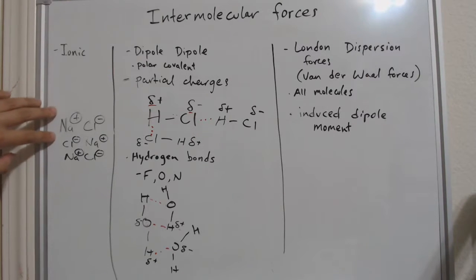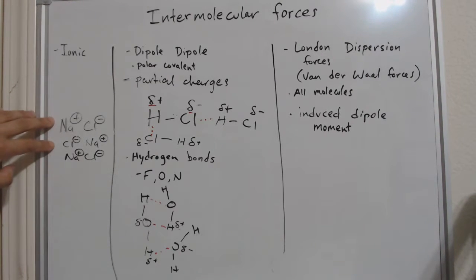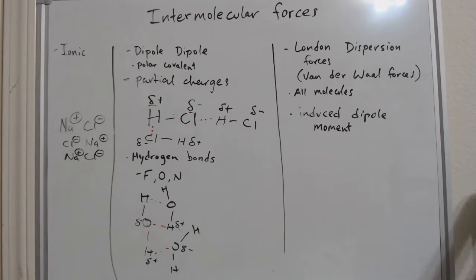That means that in the structure of the salt, the sodium and chloride will be attracted to the other ones because of the opposite charges. As you can see, the sodium has a positive charge and the chlorine has a negative charge, so they're all being attracted to each other. This is called ionic force.